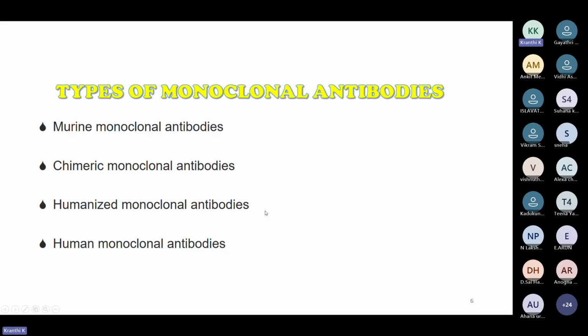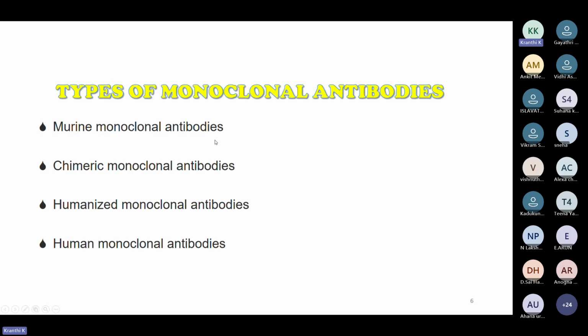You are creating a monoclonal antibody from a human, that is human monoclonal antibodies directly. Humanized means you are provoking and getting them, but not exactly from human beings, so you're using some other animals also. Chimeric means you are combining with a different DNA.